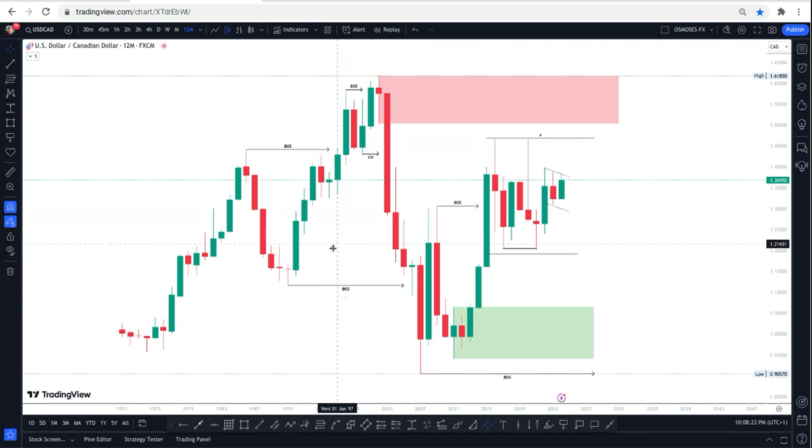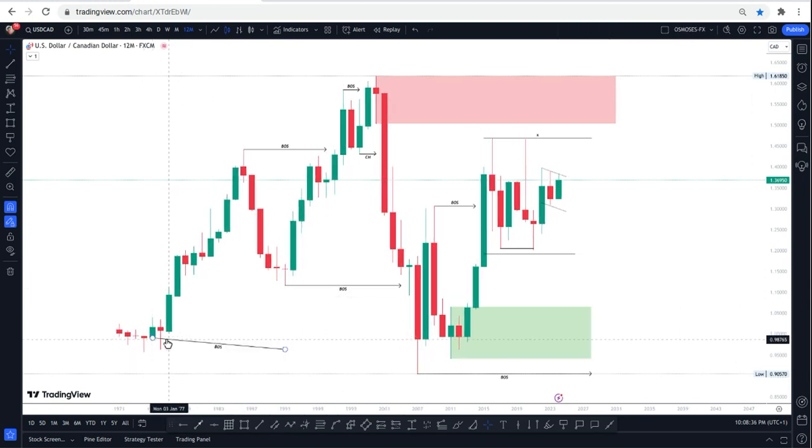First low cleared, second low cleared, and probably the third low. Let me unlock this. This is the third low cleared also. So all lows cleared, which signifies that they are pushing the price down to the lows.